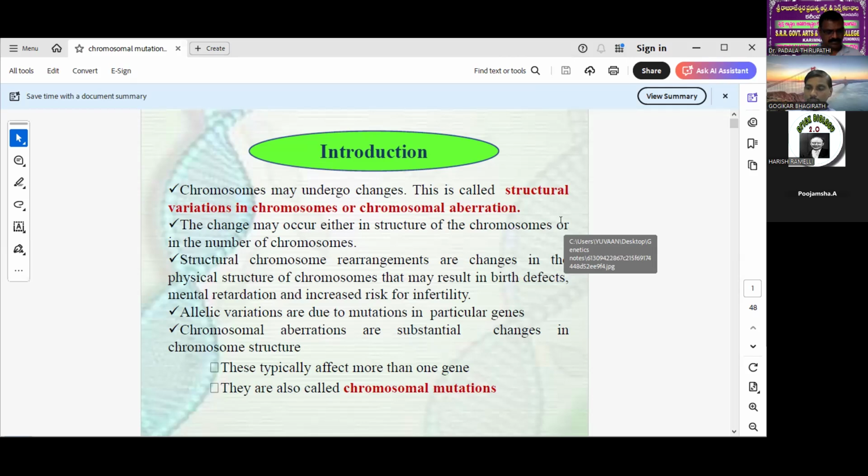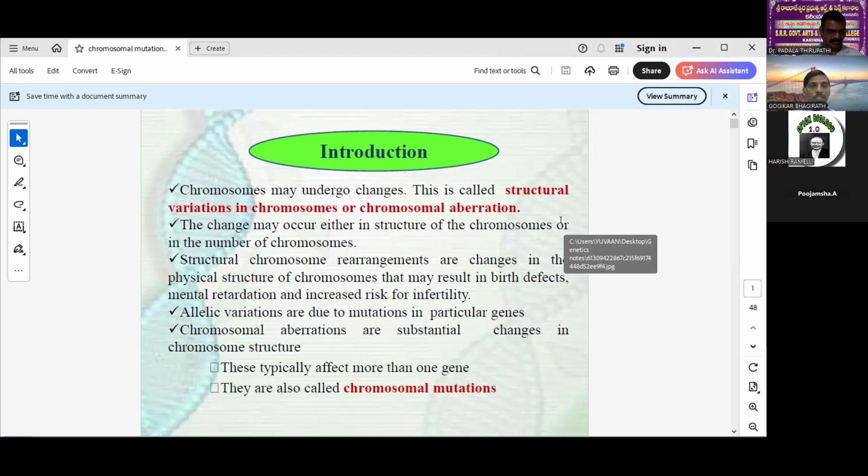The visible changes in chromosome structure involve two types of alterations: one is changes in gene number, another is changes in gene arrangement. In these two aspects, the chromosome undergoes alteration.